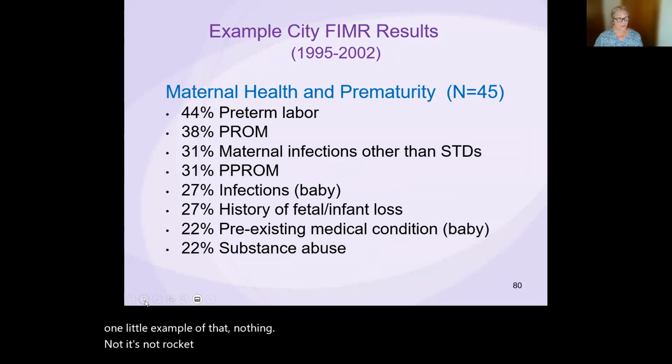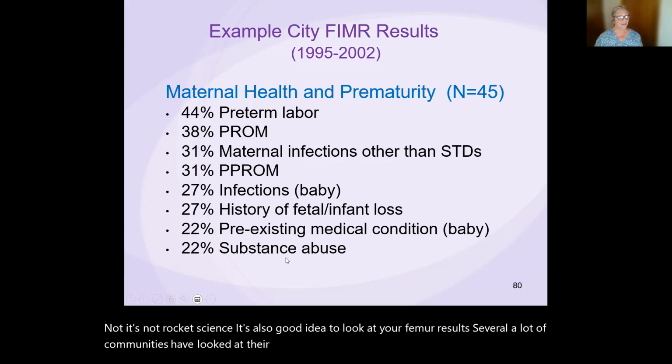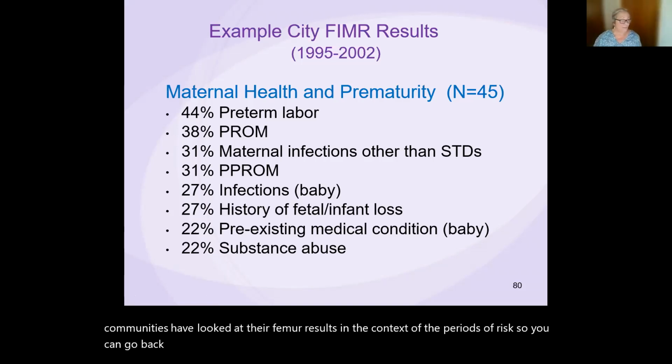It's also a good idea to look at your FIMR results. A lot of communities have looked at their FIMR results in the context of the periods of risk. So you can go back in time for FIMR data that's already collected and just put them in the periods of risk.